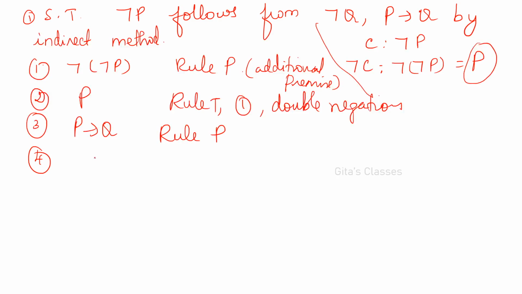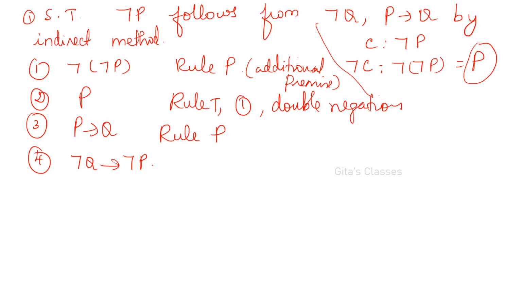Then next, from P and P conditional Q, actually I don't want Q here, I want negation of Q conditional negation of P. Because I have P, I want negation of P. If I have negation of P, then it will be easier for me. Okay.